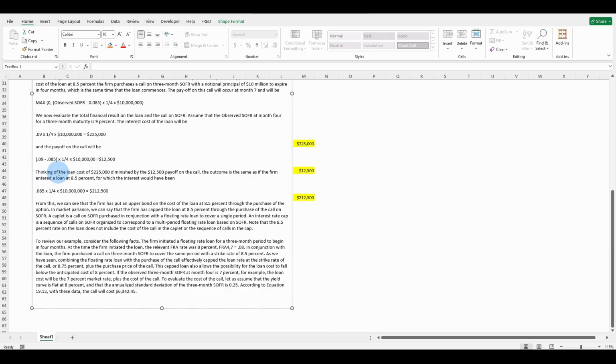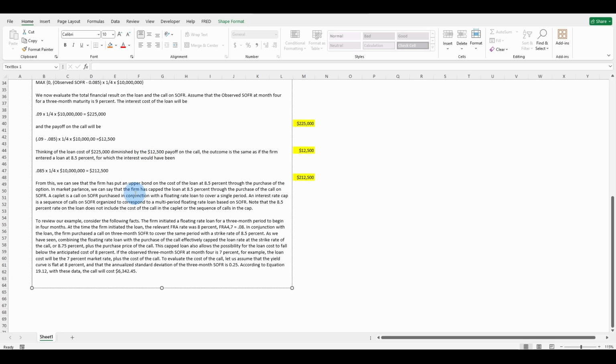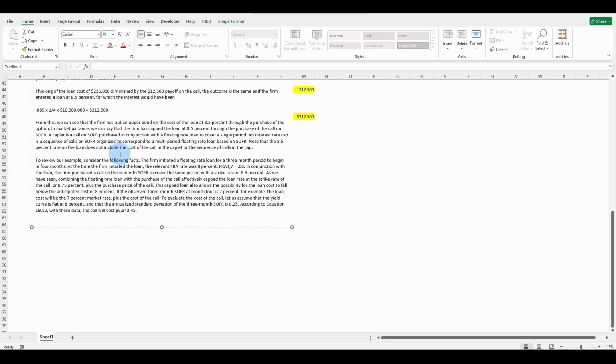Thinking of the loan cost of $225,000 diminished by the $12,500 payoff on the call, the outcome is the same as if the firm entered a loan at 8.5%, for which the interest would have been $212,500. From this, we can see that the firm has put an upper bound on the cost of the loan at 8.5% through the purchase of the option.